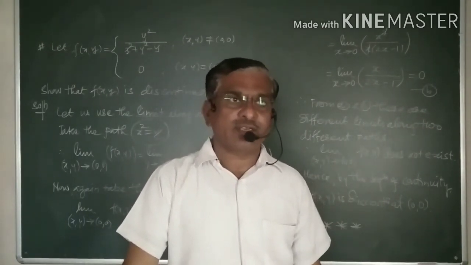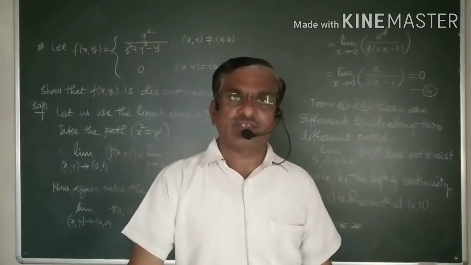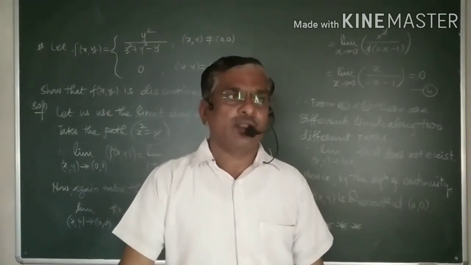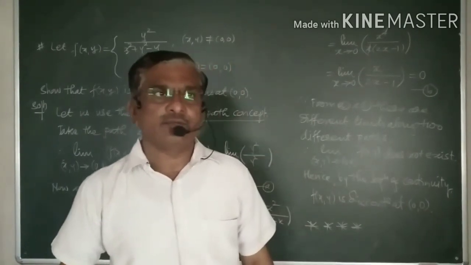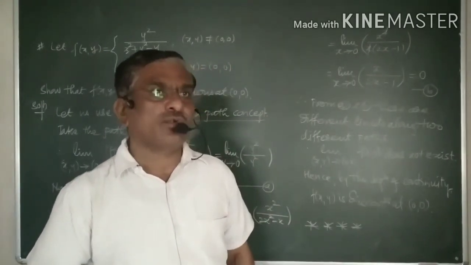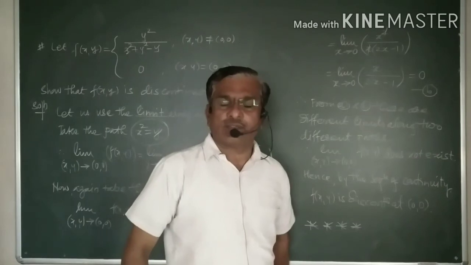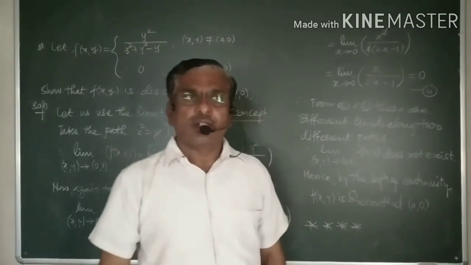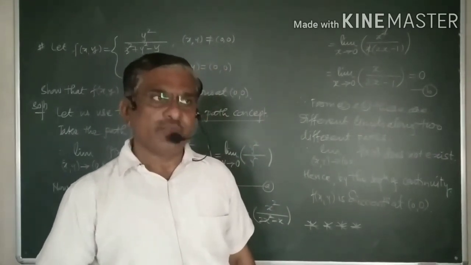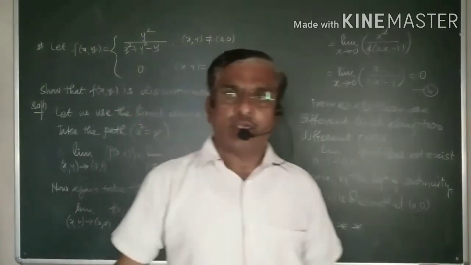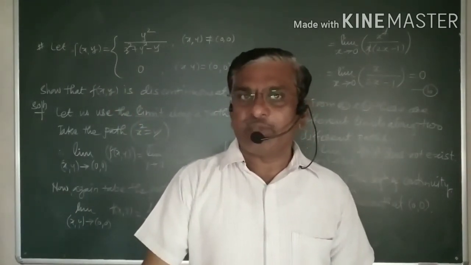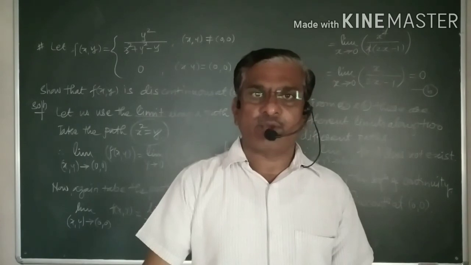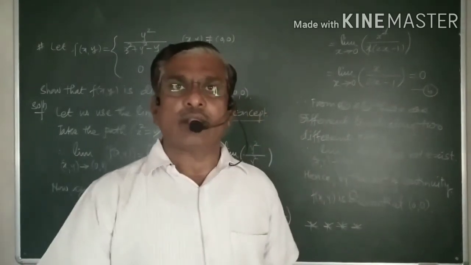Then the converse of that theorem is not true, which we have justified by a proper example. And finally, in the last two lectures, we have gone through examples of continuity of functions of two variables. This is what we have in the first unit, limit and continuity, from our paper number 1. Okay.